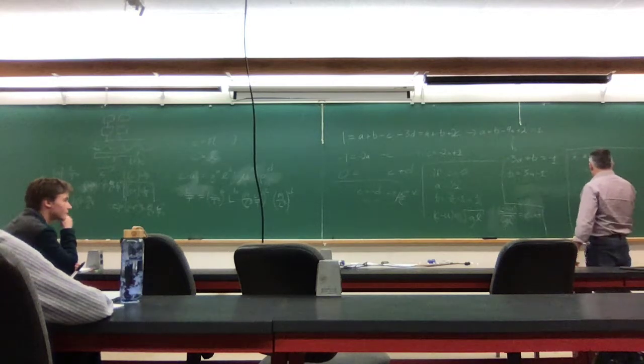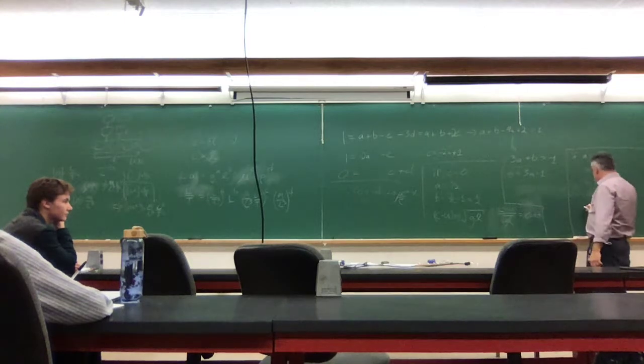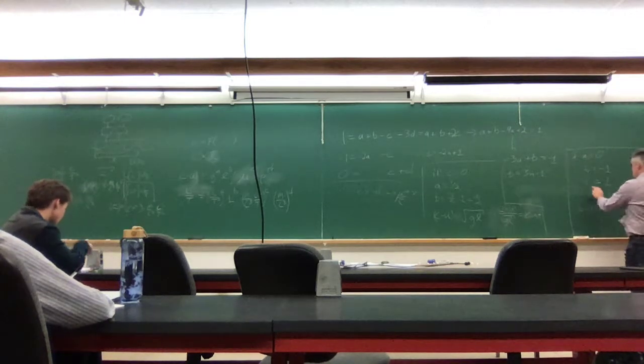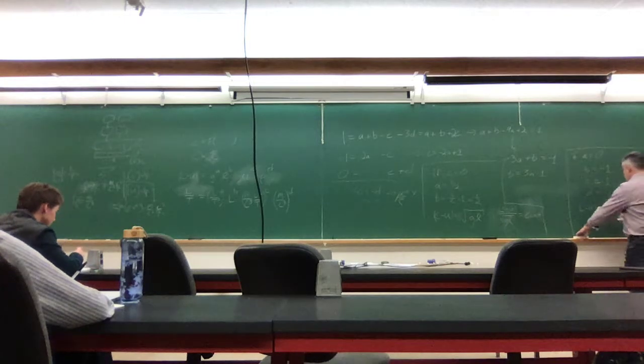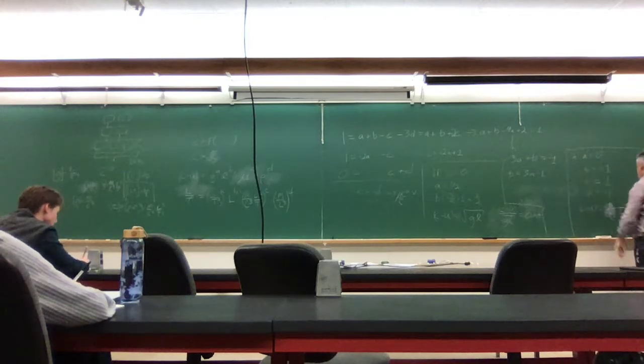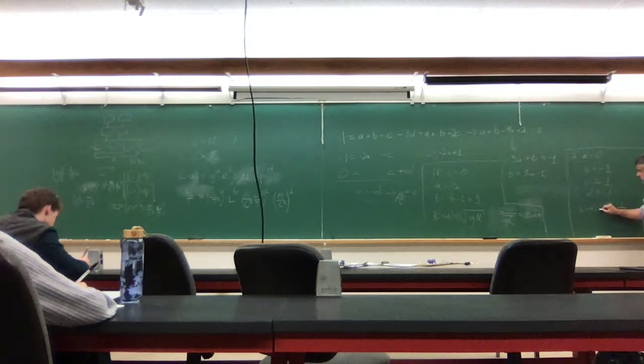So what's that ratio? That says that C minus U equals viscosity mu over rho times 1 over L. I guess I should just say proportions.